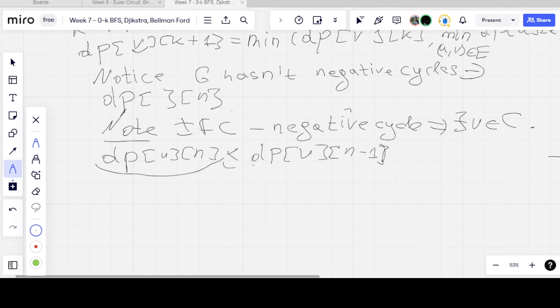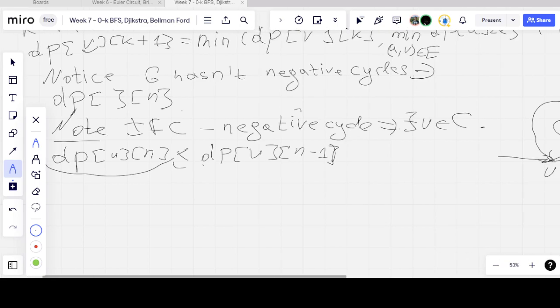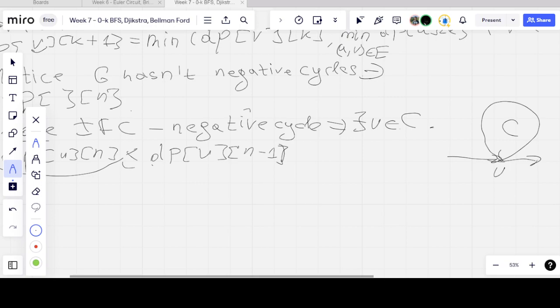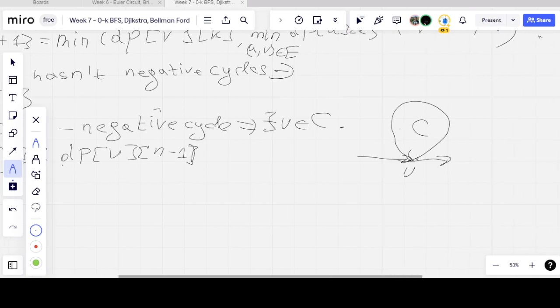Here, if we have n vertices and n edges, one edge will be extra and we pass some edge twice.